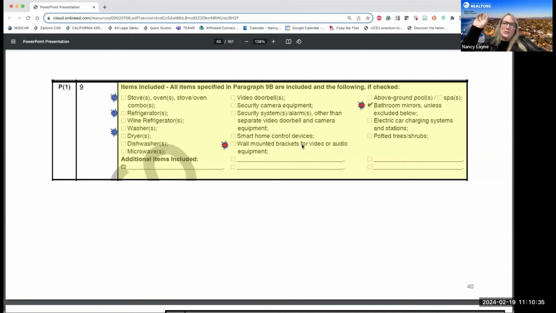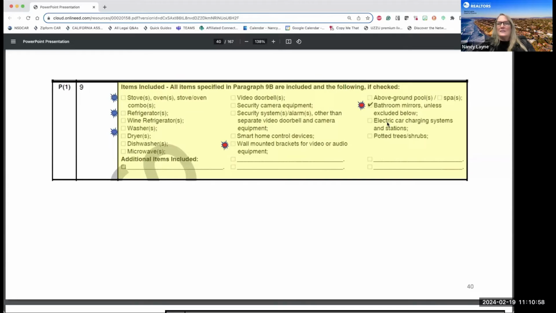If you want that chandelier in the entryway and it says it's included in the MLS, write it into here. Make sure you have everything that's important to your client written into the contract. Don't assume that because it was written in the MLS and the flyer that it's included. It's not, unless it's written in here.